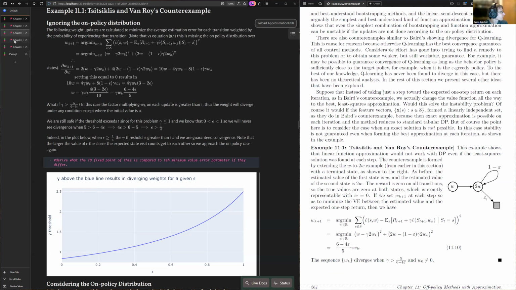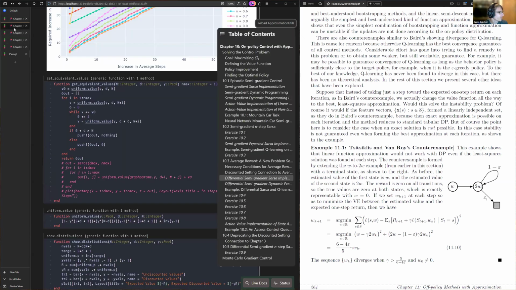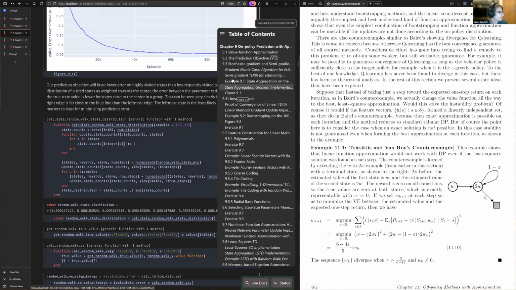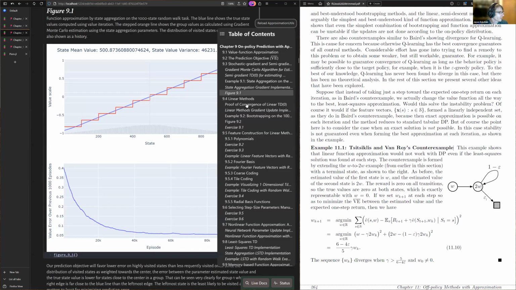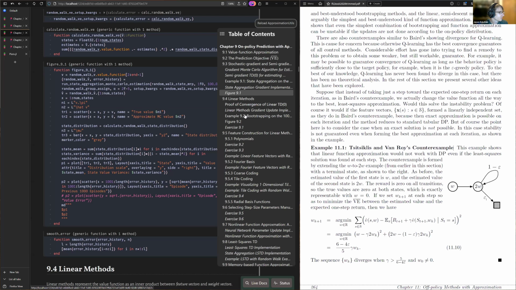Yeah, but that's what you recall. This was from chapter, I don't know, it was actually from chapter 9. Right, we had shown this random walk example.